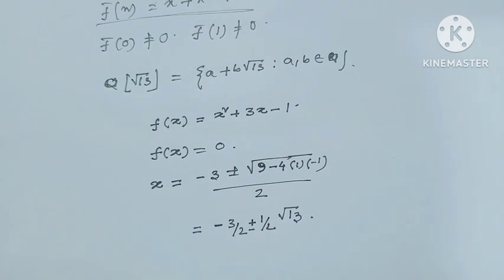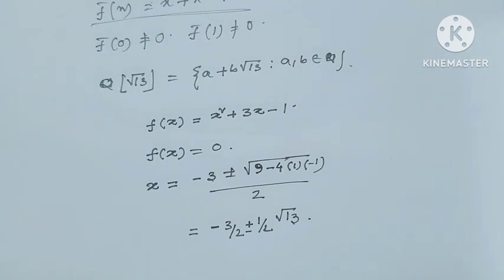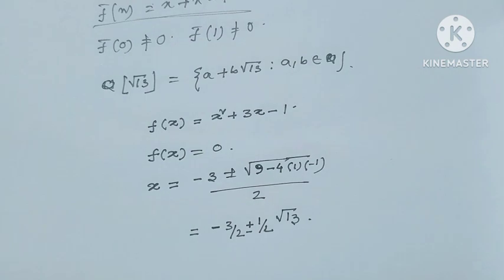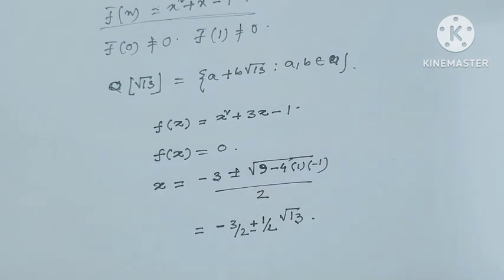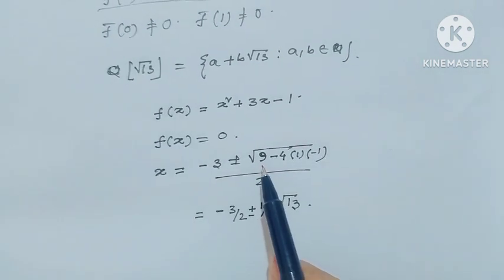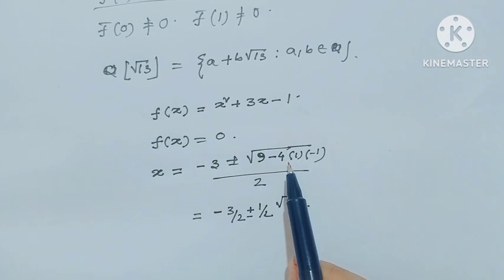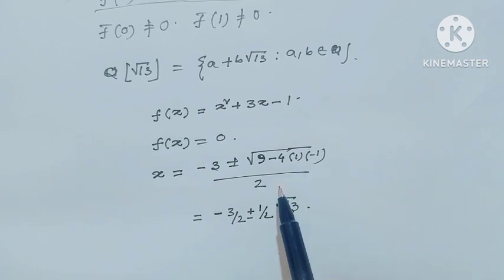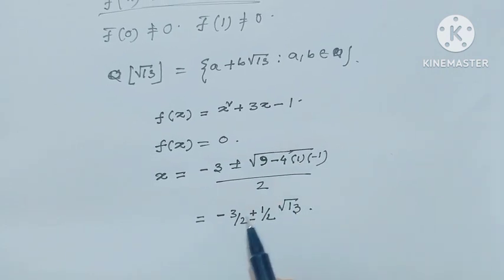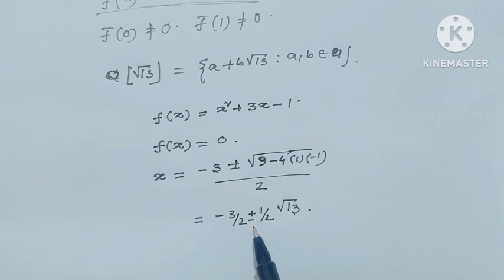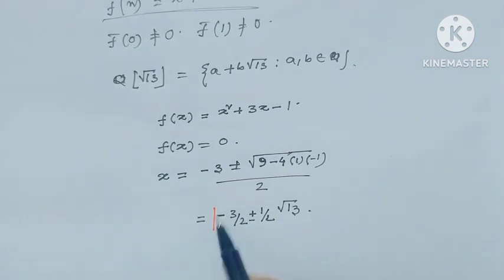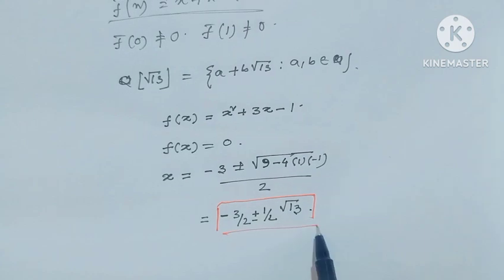If f(x) equal to 0, then x equals minus 3 plus or minus square root of 9 minus 4 times 1 times minus 1, over 2. This implies minus 3 over 2 plus or minus half square root of 13.